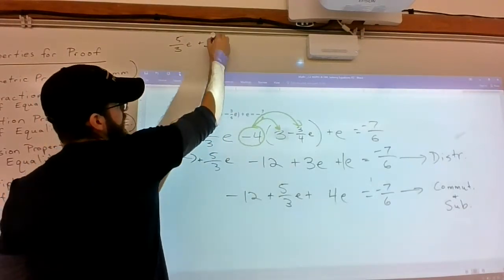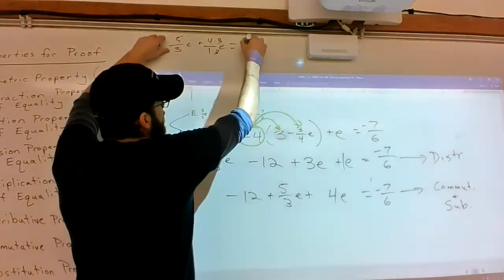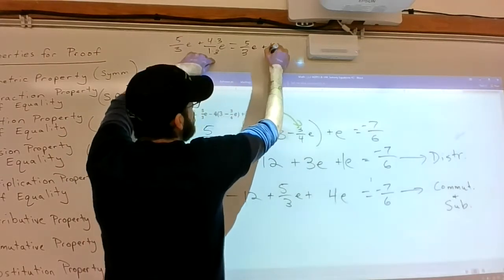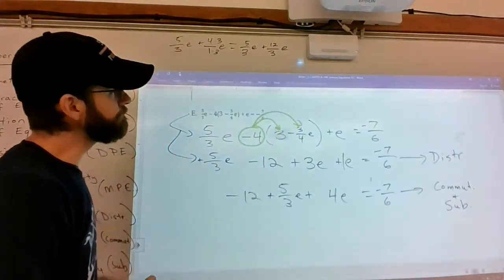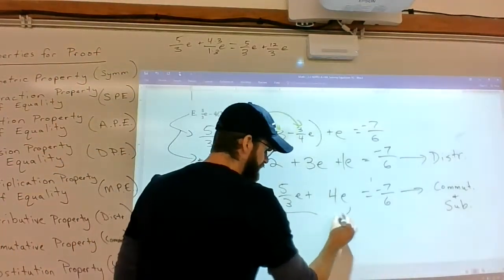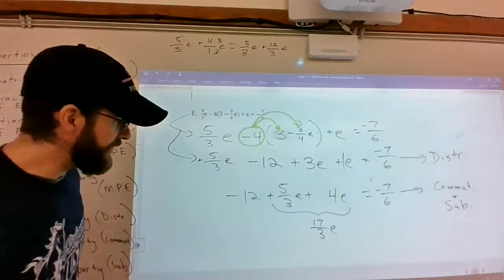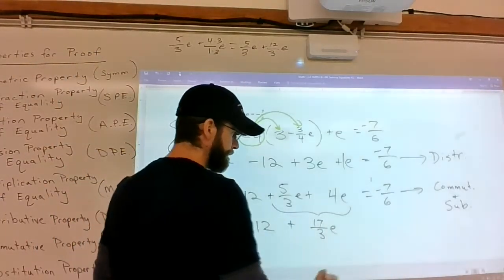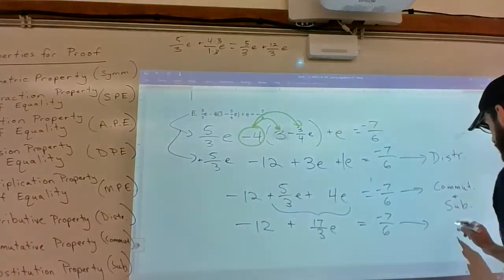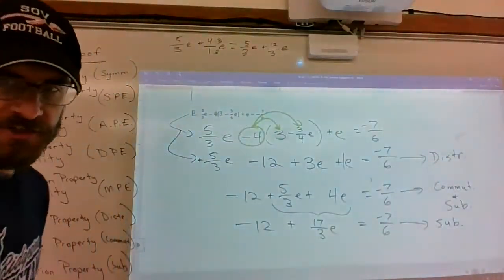Times 3 would be to get a common denominator of 3, which would be 5/3 e plus 12/3 e. You get 17/3. So these two like terms give us 17/3 e. Still got the -12 hanging out over here.